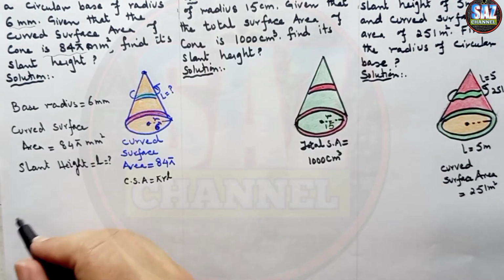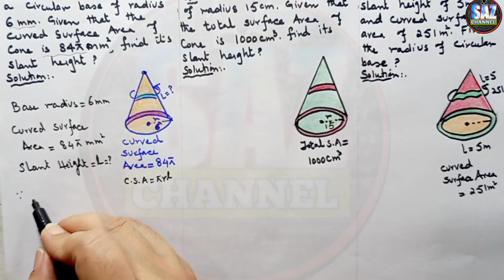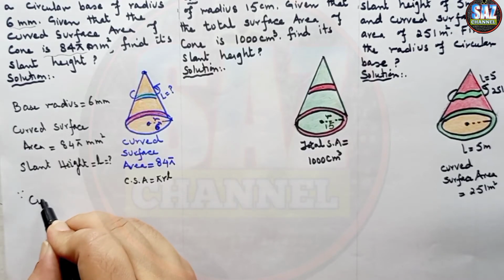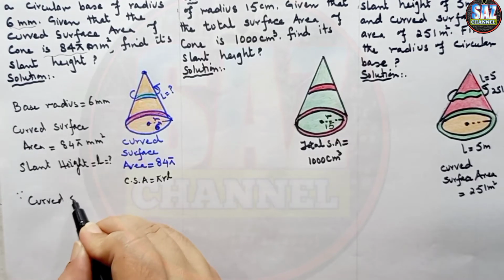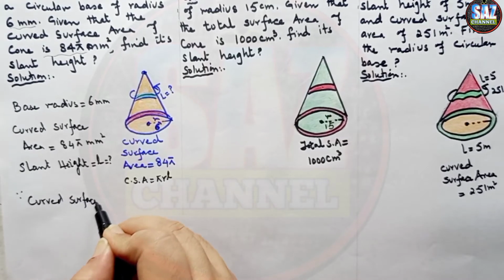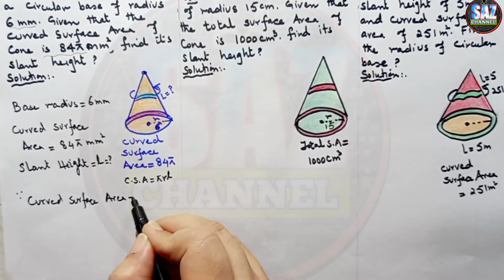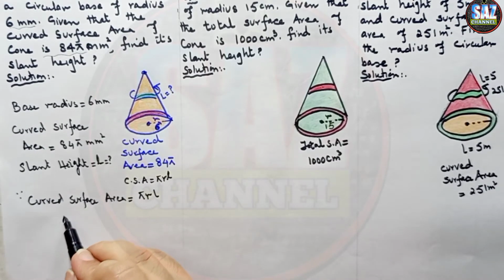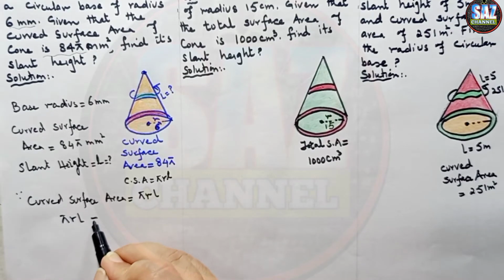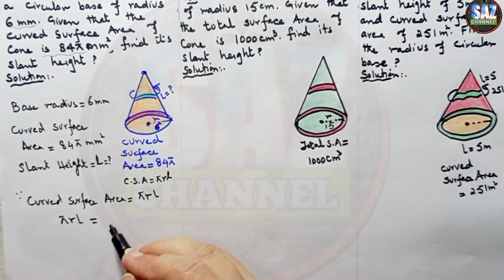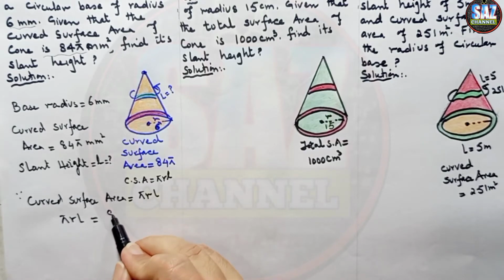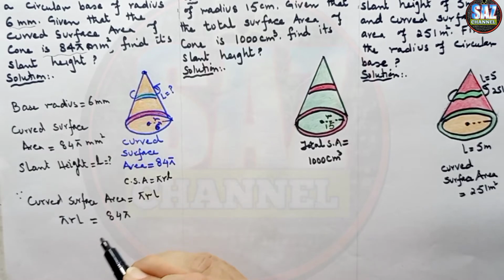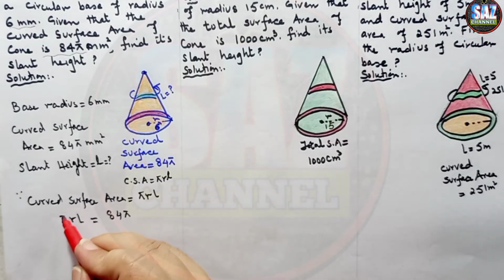So what we have to do, we know that the curved surface area formula is πrl. Now I will be equating πrl with 84π. You can see that this π can go easily with this π.